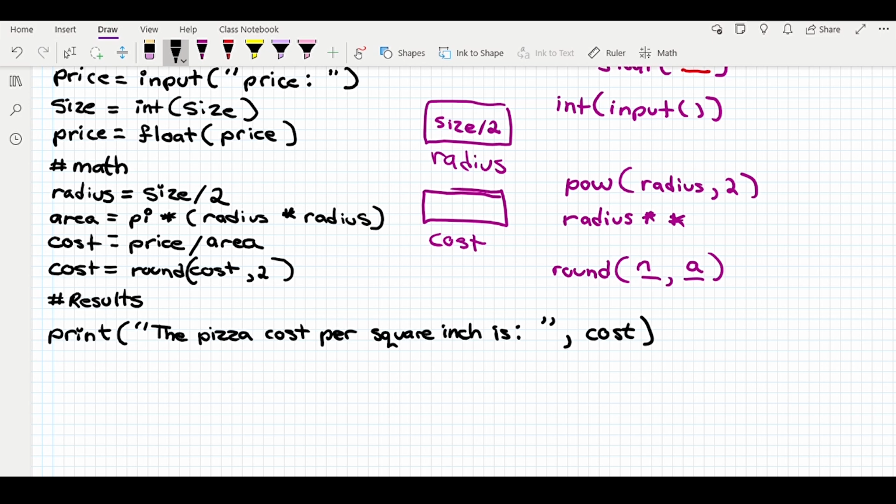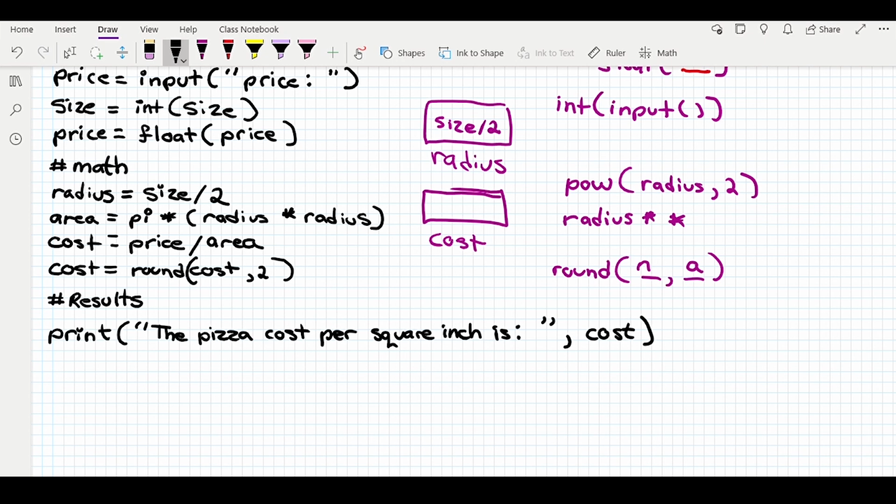So the item in quotes, that's the literal thing that I want print to print. And then I'm saying, hey, also add this variable at the end. Not the literal variable cost, but the value inside of cost. So when the computer runs this line, it'll call up the print function.